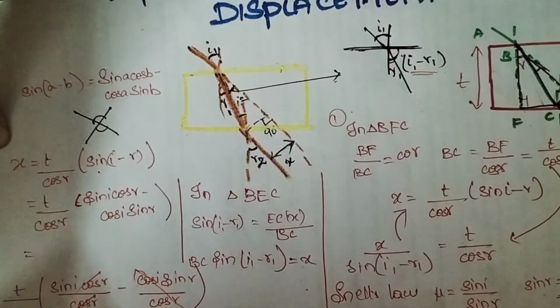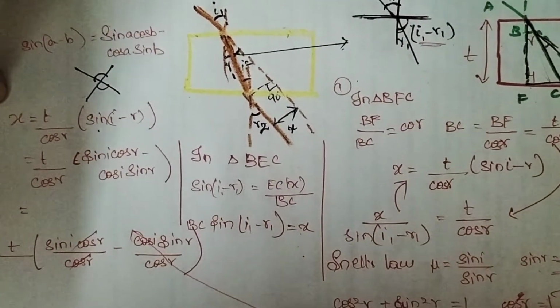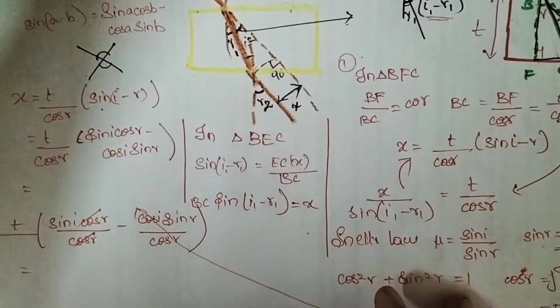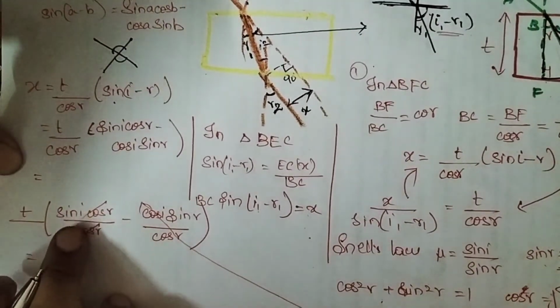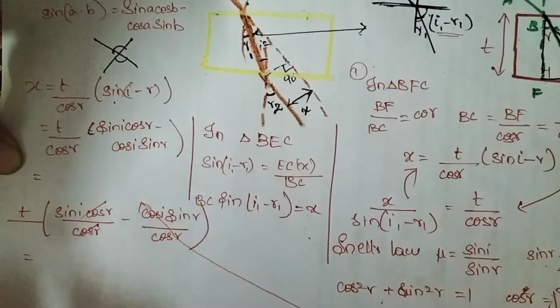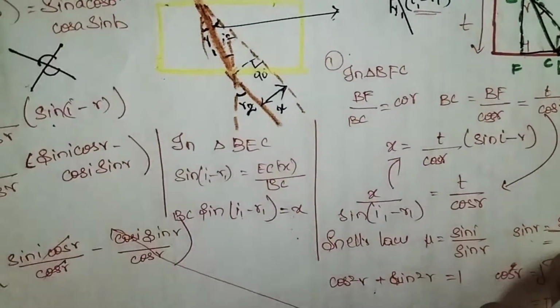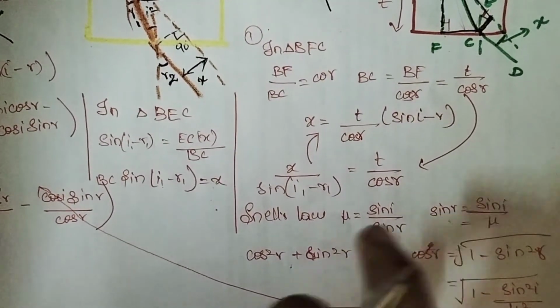Then cos r cancels. Correct? Next, how can we write? Sin i, keep it as it is in i form. The sin r value we have found to be sin i by nu.